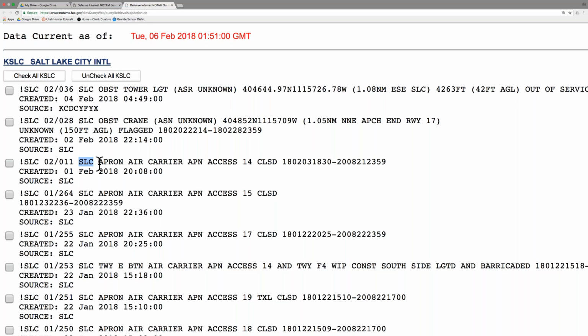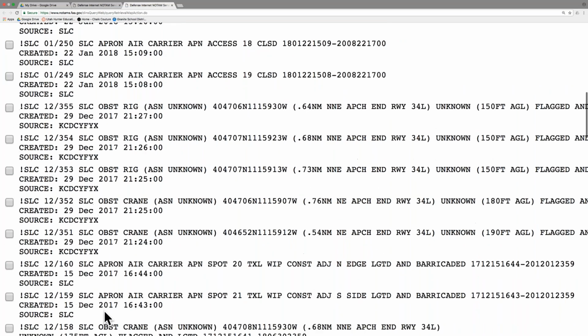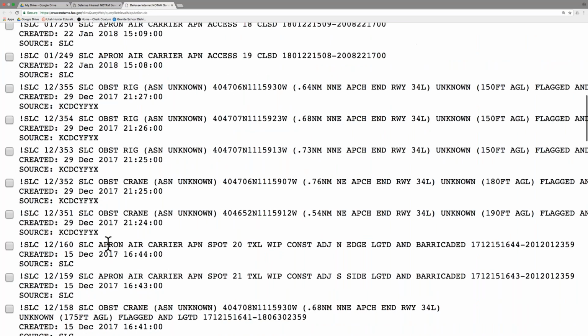Now this, I'm going to call this the keyword right here. Okay. You may see apron. You may see OBST. You may see taxiway, the TWY. You may see runway. You may see SID. Oh, wait, no, that's FTC. Sorry.